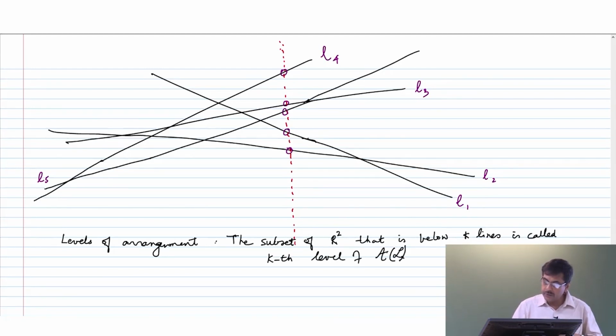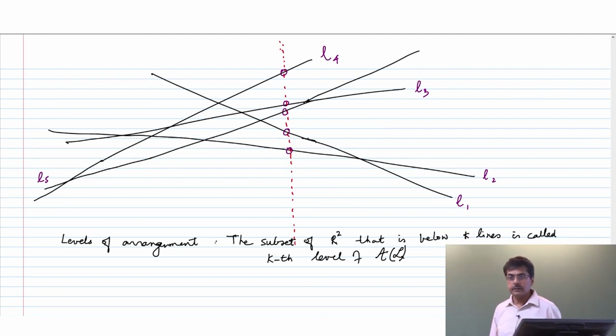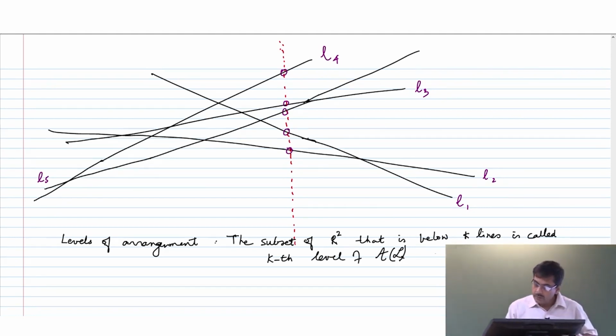So, of this arrangement I am defining what is called the kth level. Let us denote it by A k of L.